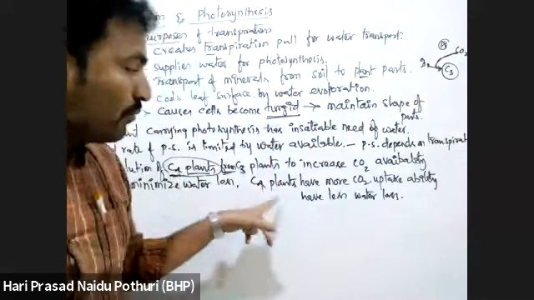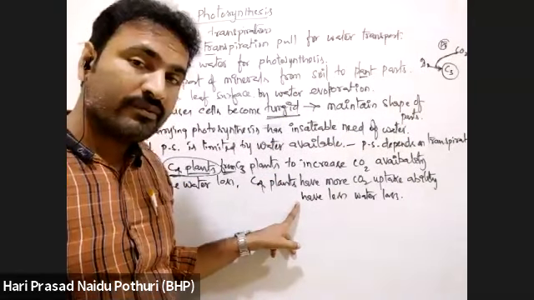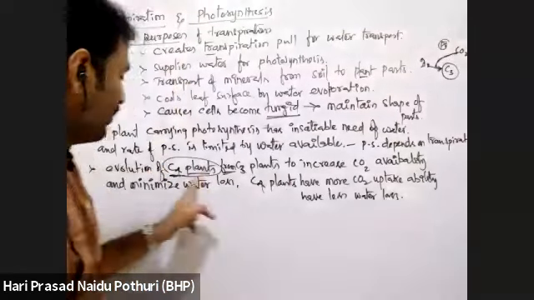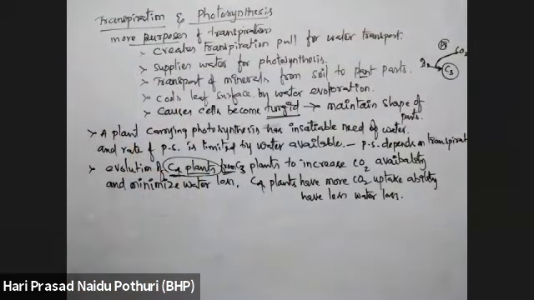As water loss is less, the rate of transpiration is less in C4 plants when compared to C3 plants.